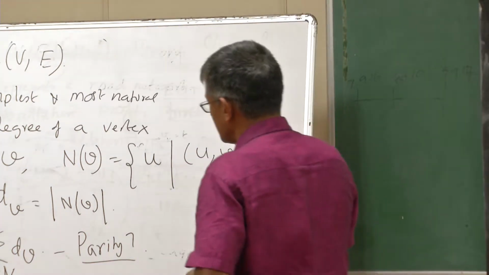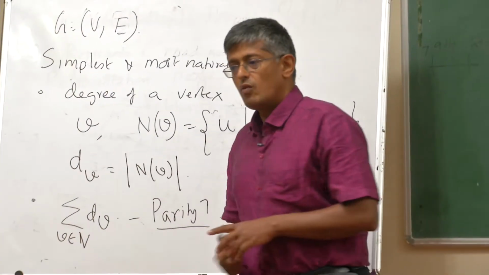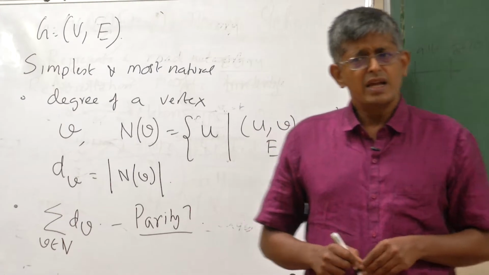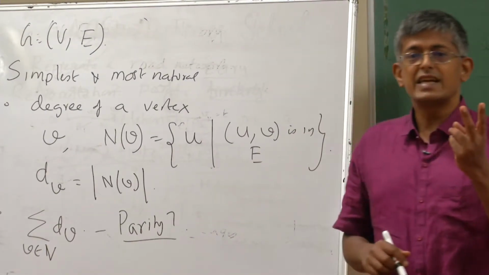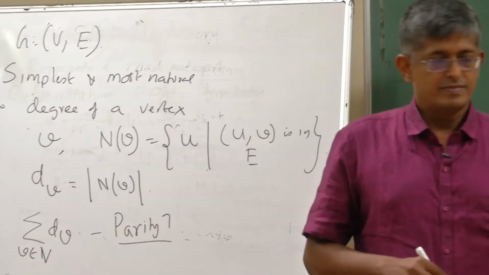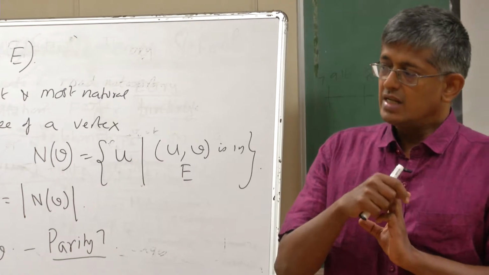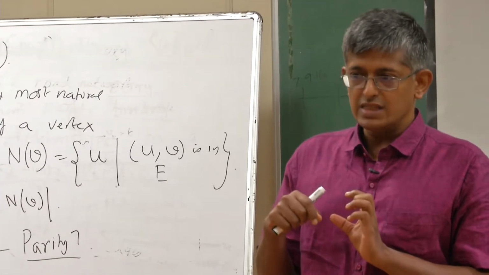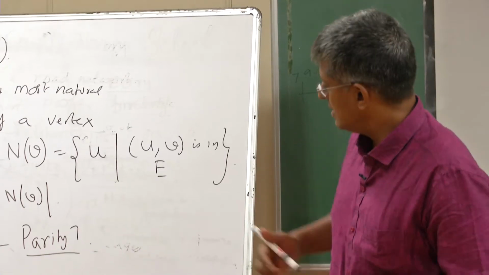So the obvious thing is, if you take summation dV, V belonging to V, what is its parity? It is even, quite obviously, because every edge gets counted twice. Every edge has two endpoints. That edge will get counted at both the endpoints once. Therefore, this will always be an even number.